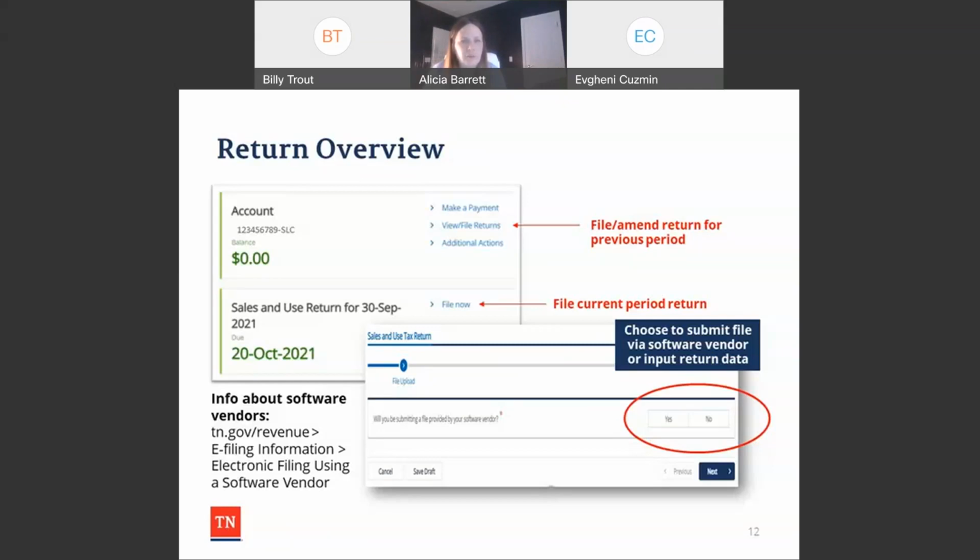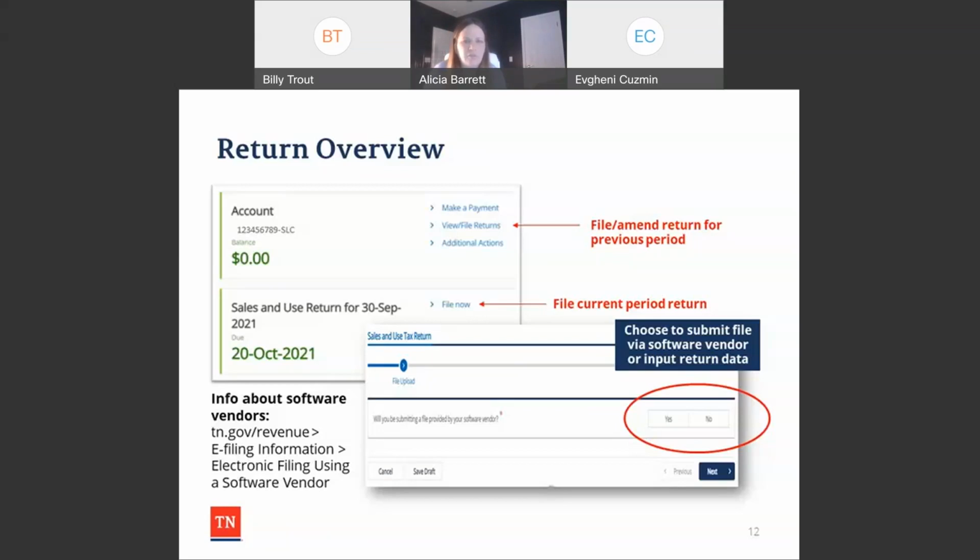Now, the first question that comes up after you click on File Now or File a Return is going to be, will you be submitting your return using a software vendor? If you answer yes, it's going to allow you to upload that. If you answer no, it will open up the fields that allow you to actually complete the return.